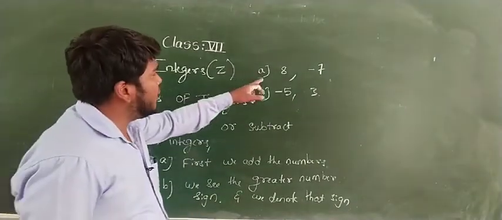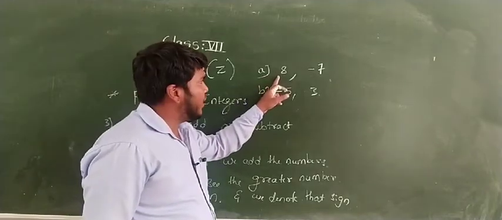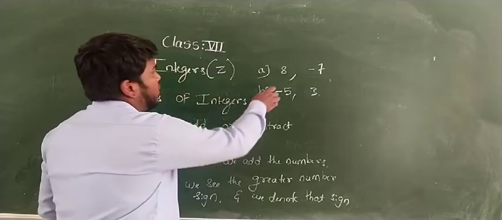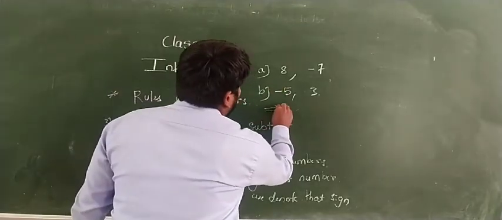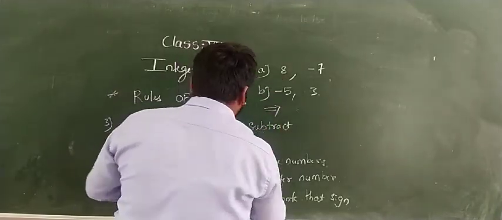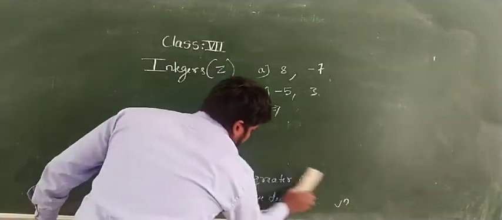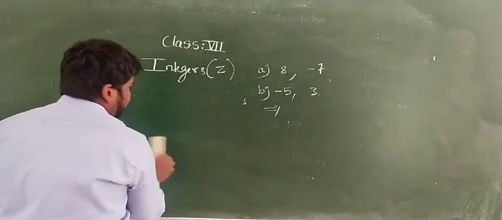So here we can see the two examples. One integer we have taken as 8, the second integer as -7. Firstly we do a sum operation.